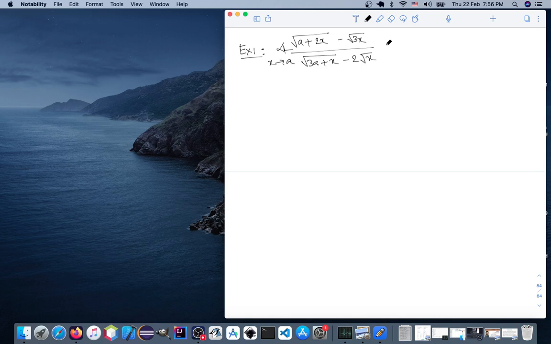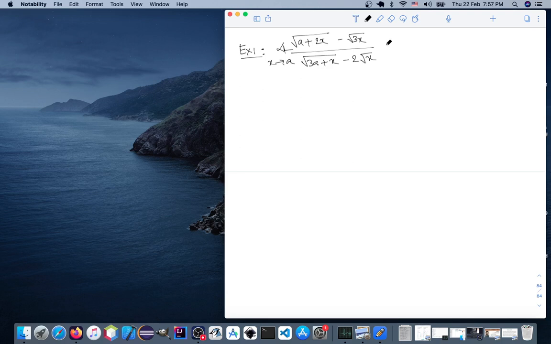If we rationalize the numerator by multiplying with the conjugate term, we will have a minus x. So it will still be of the form 0 because x is tending to a. And if we rationalize the denominator with its conjugate term, we will get 3a minus 3x.